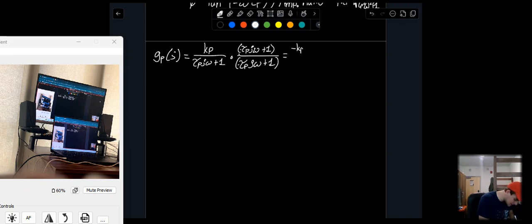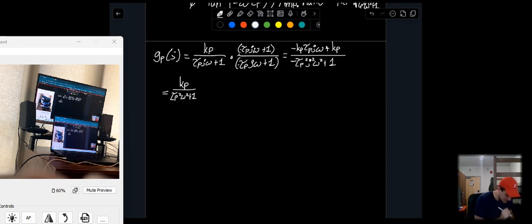So that'll give us negative kp tau p j omega plus kp over negative tau p squared j squared omega squared plus 1, which ends up equaling kp over tau p squared omega squared plus 1.